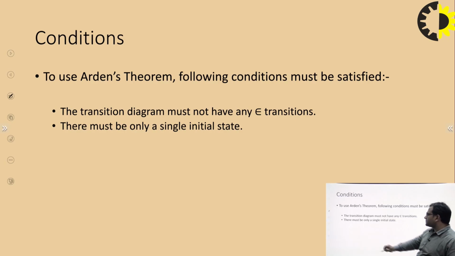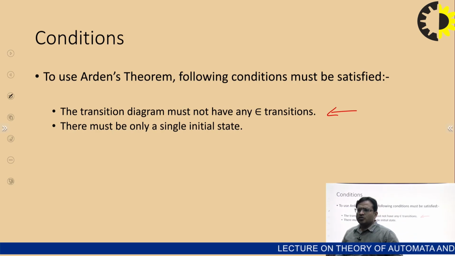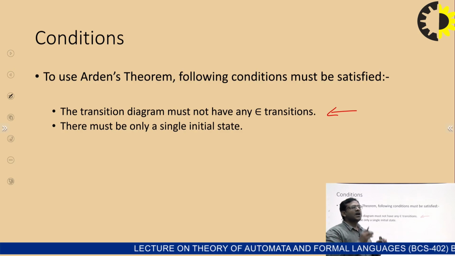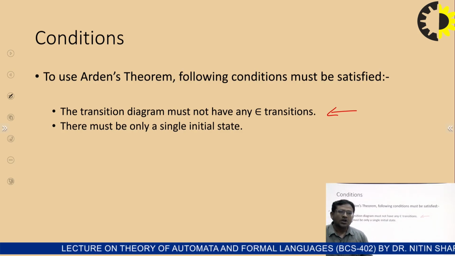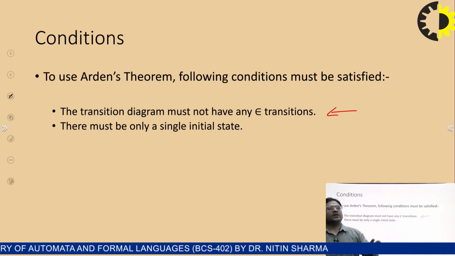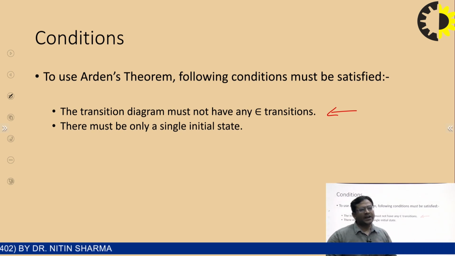First, the transition diagram must not have any null transition. If an automata has a null transition, then it is not a deterministic finite automata; it is a non-deterministic finite automata. So you can't apply the Arden theorem on a non-deterministic finite automata. You can apply it only on a deterministic finite automata.